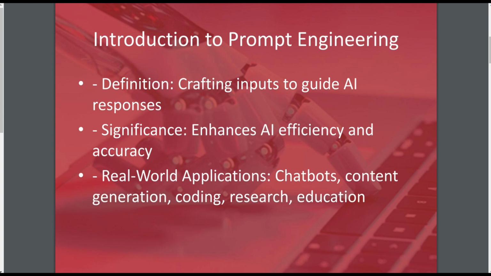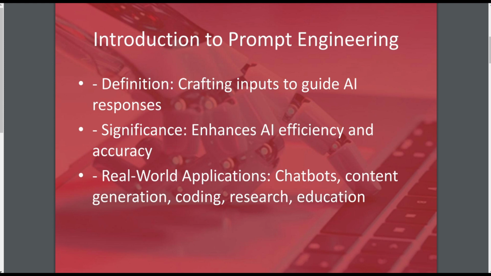It is also a science that deals with bridging human intent with machine understanding. What it means simply is, if you can craft your input, that is your prompt, properly, you can be fairly sure that the response you get from the AI is going to be almost exactly what you are looking for.